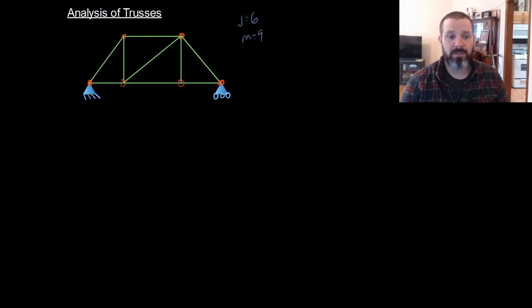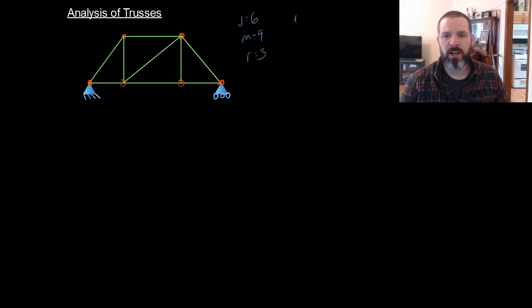And we have a pin support and a roller support, which gives a pin support has a reaction in the x and y, a roller support has a reaction in the y. So we have r equal to 3.